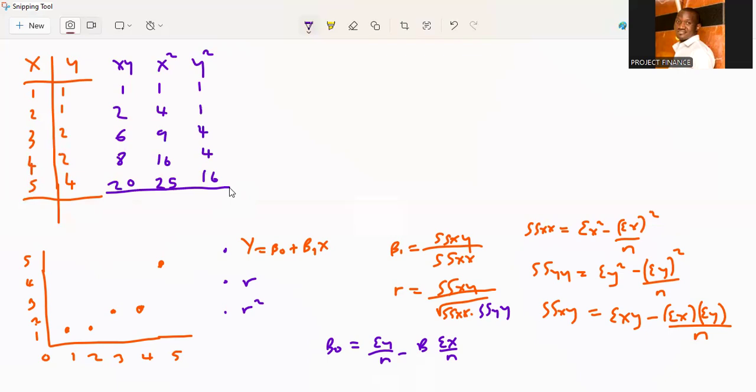So we now go into calculating the summations.